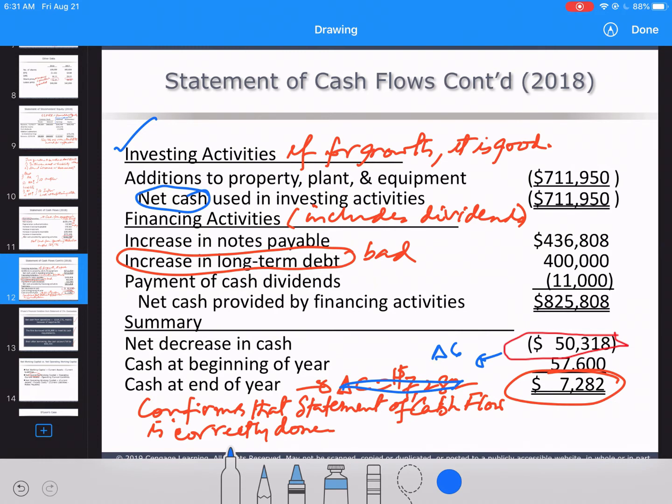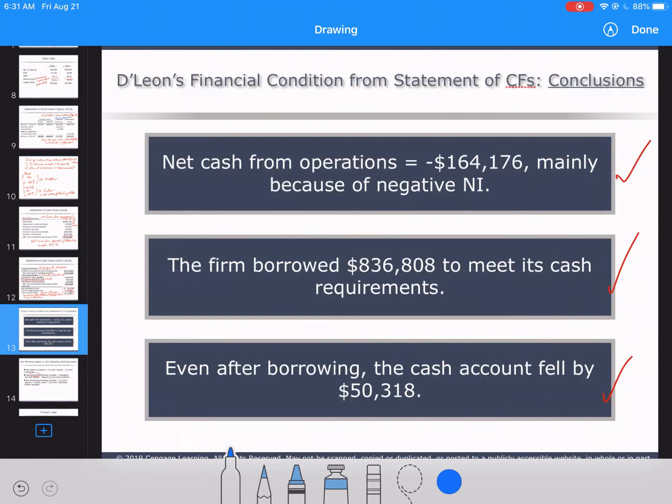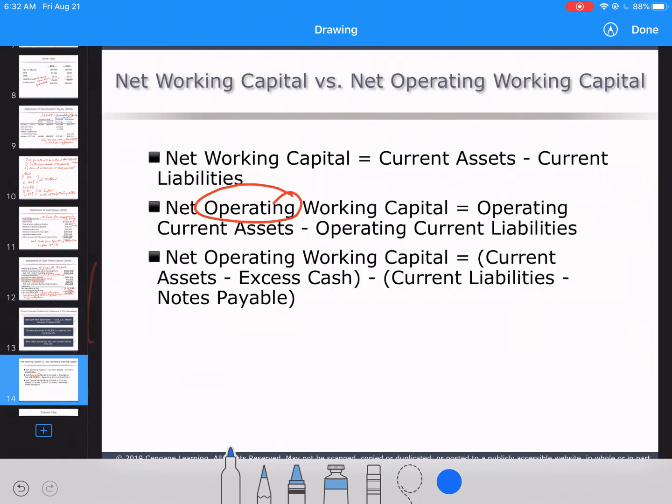So when your statement gives you this number, you are assured that your statement of cash flow is done right. Then you conclude that net cash flow from operation is 164,176, and the firm borrowed 836,808, and then even after borrowing, the cash account fell by 50,318. Not a good thing to look at.